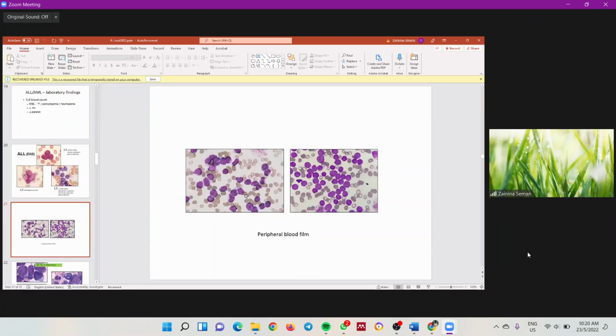This is lymphoblast. So how do you say it is a lymphoblast? You look at the nucleus pattern of lymphocyte versus lymphoblast. The nucleus pattern in a mature lymphocyte is dense, more mature looking, as opposed to this one.